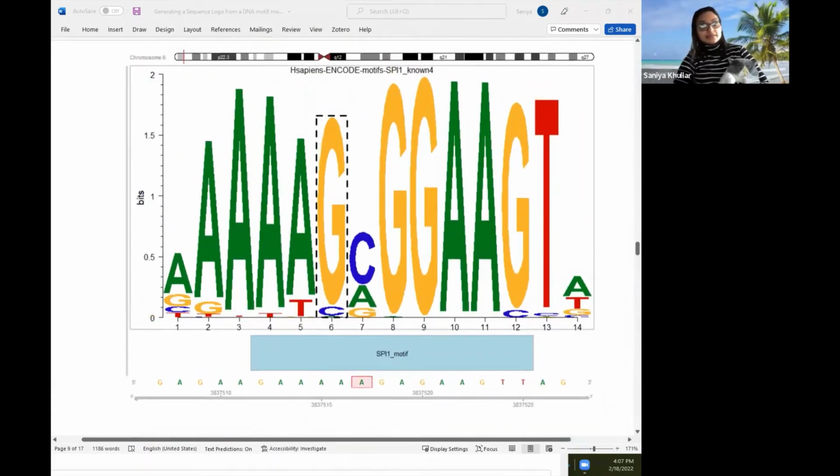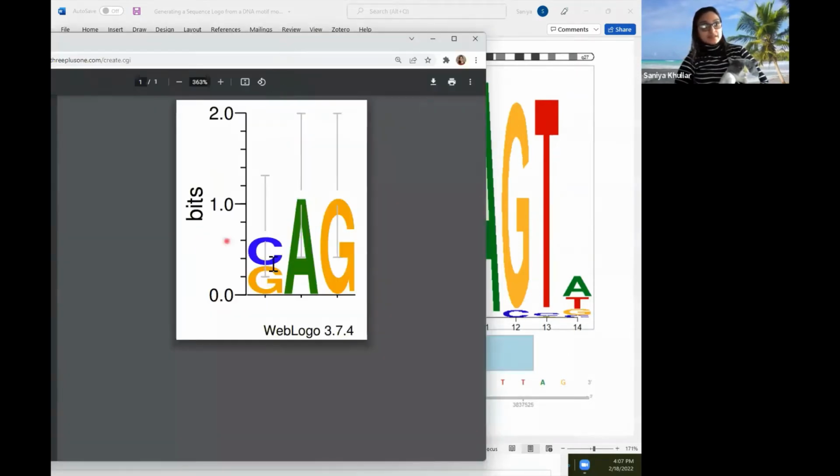If the height is 2, that means we have perfect information. If the bits is 2, we have perfect information, usually for just one nucleotide base. Based on our 4 sequences, they were either CAG or GAG, so they were always A in the second position and always G in the last position for those 4.